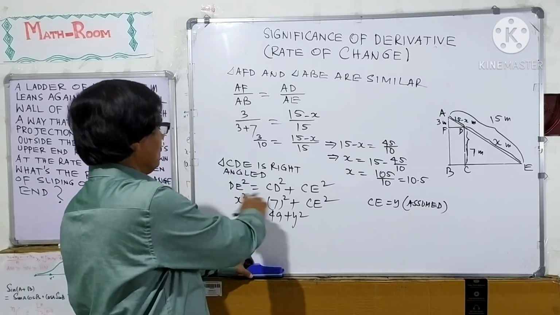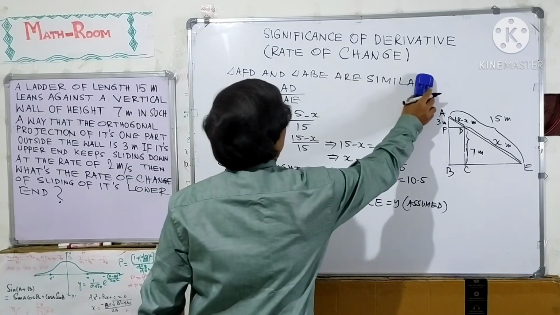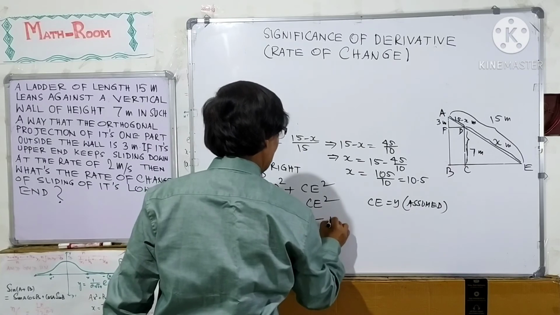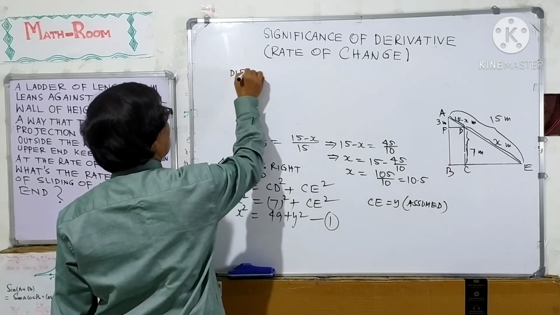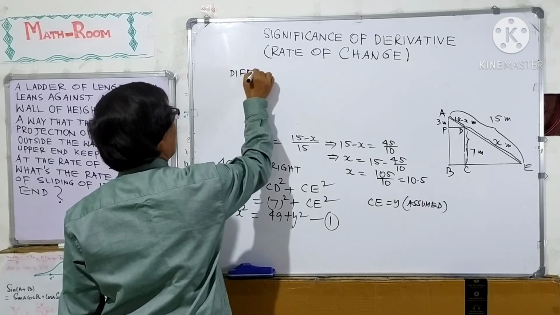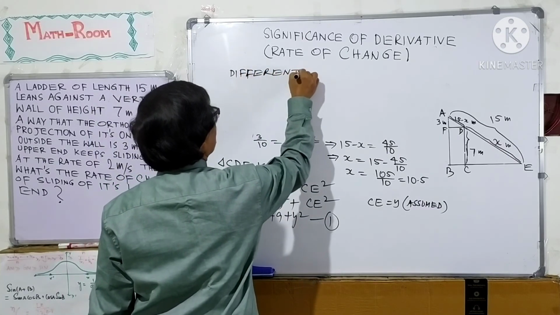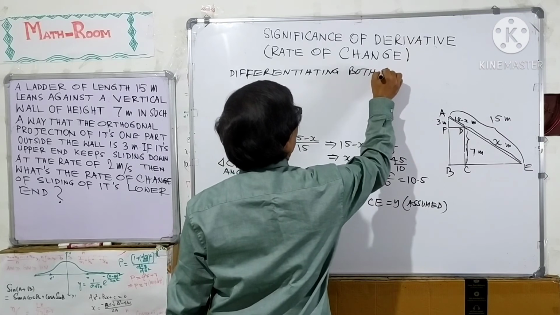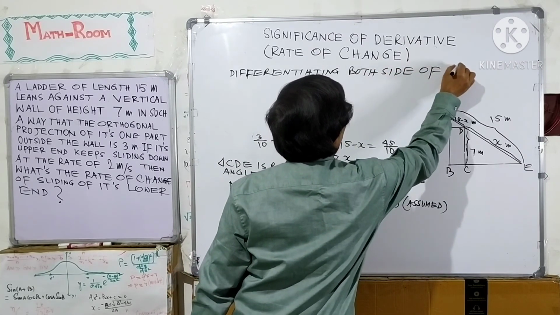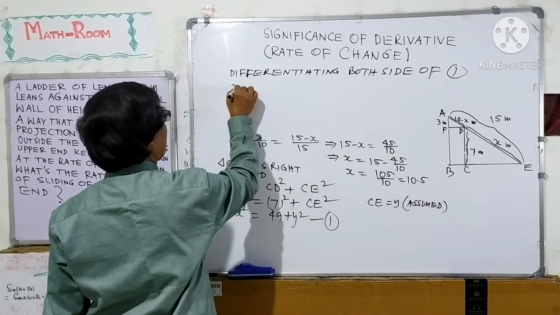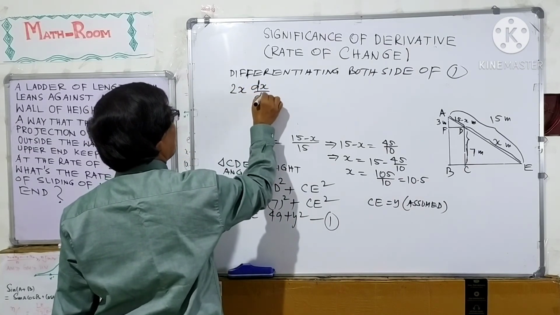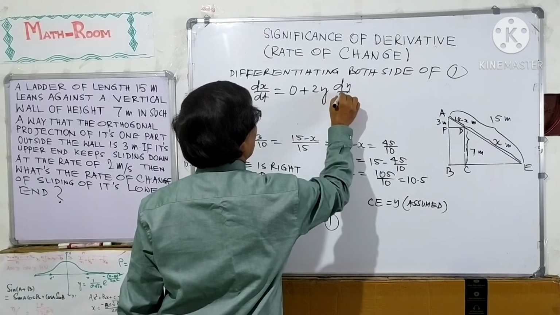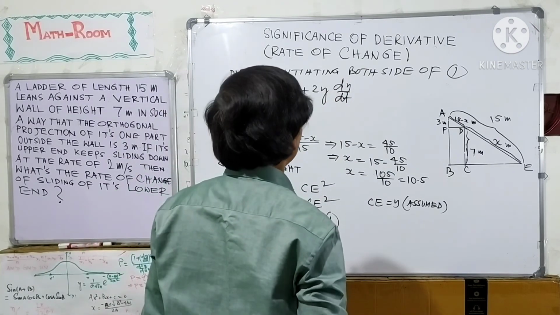If we take differentiation on both sides with respect to t, we get 2x dx/dt equal to 0 plus 2y dy/dt.